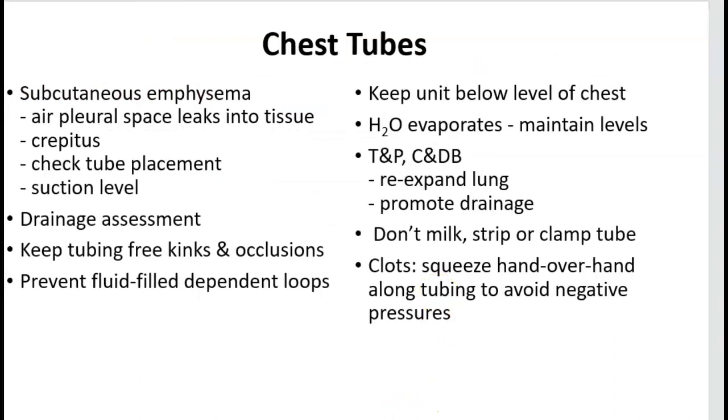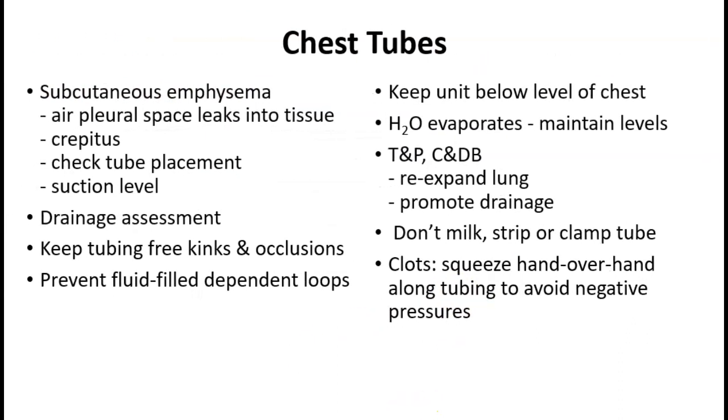Okay, a little more on chest tubes. Subcutaneous emphysema means that there's been barotrauma, right? It means that the chest tube could be dislodged. It may not be in the spot that it was. So what's the problem with subcutaneous emphysema? It can impair the patient's airway.